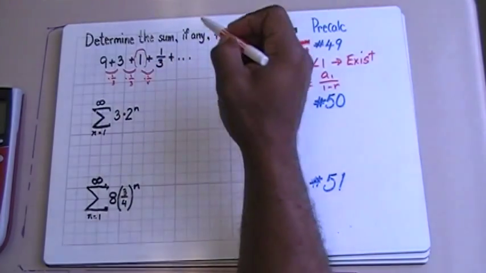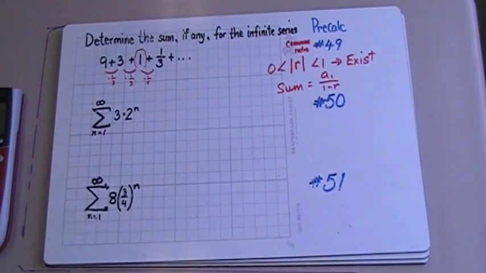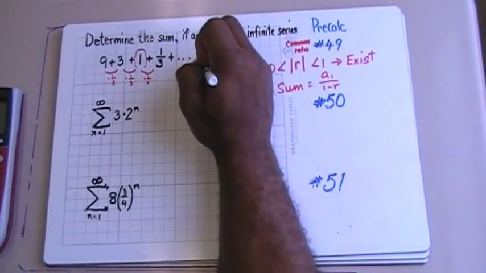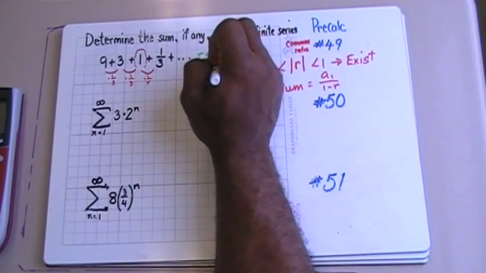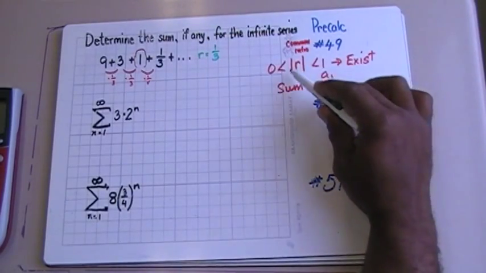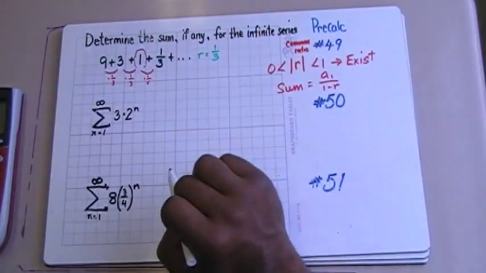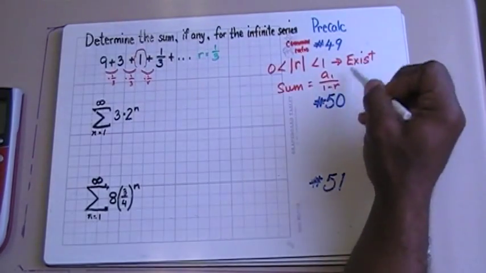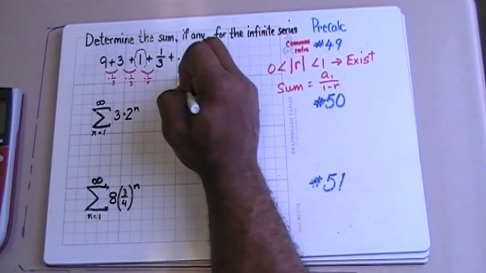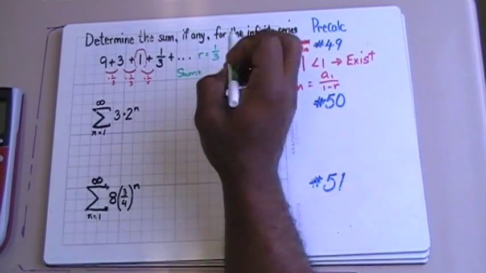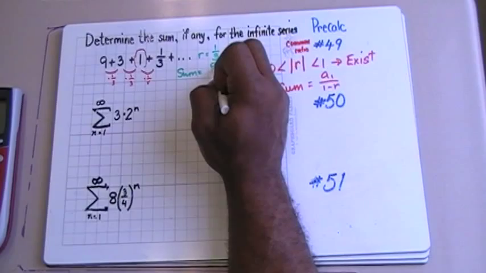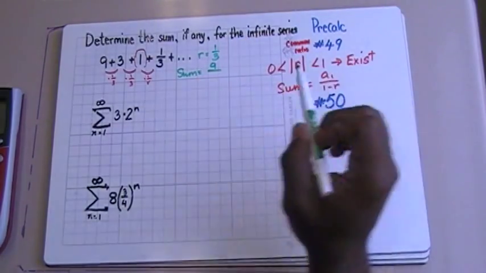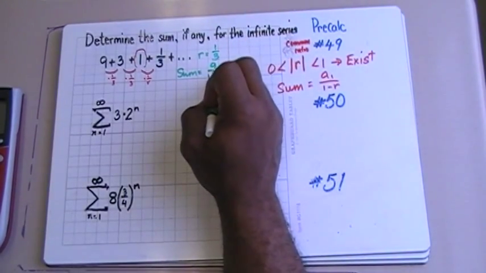So your r value for this problem is 1/3, which is between 0 and 1. So the sum does exist. Since the sum exists, your sum is going to be your first term over 1 minus 1/3.